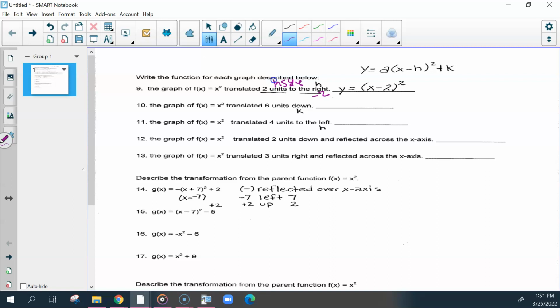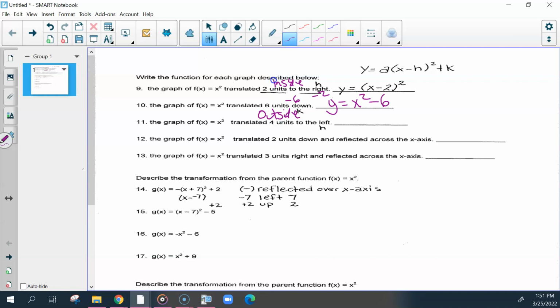X squared translated 6 units down. Down is a vertical thing, so that would be outside. And because we're going down, that would be minus 6. Our function, you can use f of x or y, doesn't matter, they're the same thing. Y equals x squared minus 6.